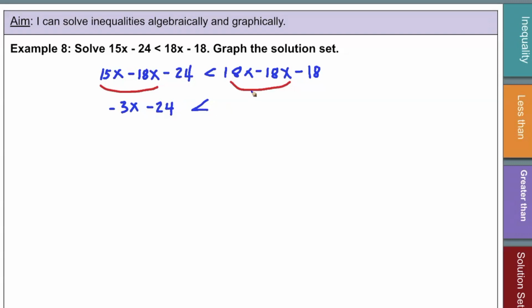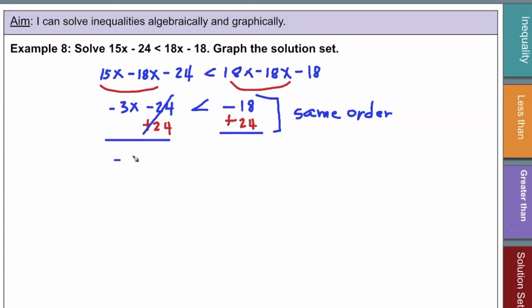Let us isolate negative 3x by adding 24 to both sides of the inequality. The order remains the same when adding 24 to each side of the inequality. Let us solve for x by dividing both sides of negative 3x less than 6 by the coefficient of negative 3x, which is negative 3.